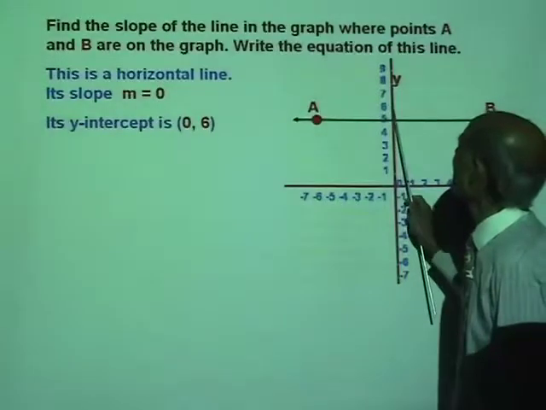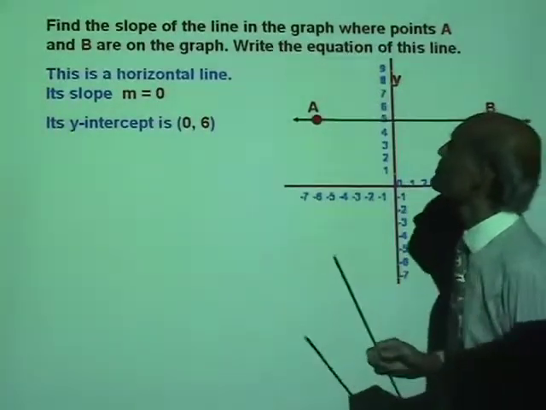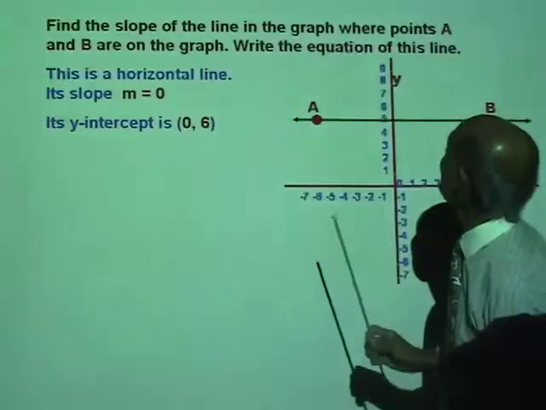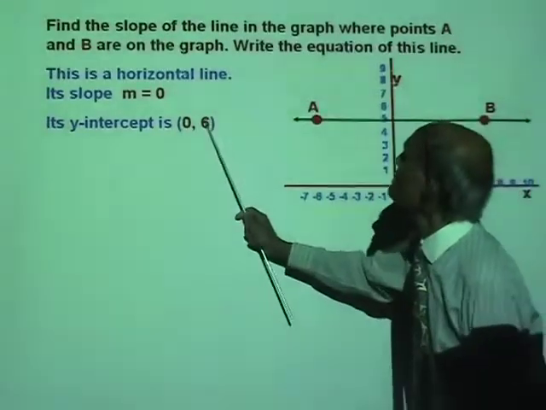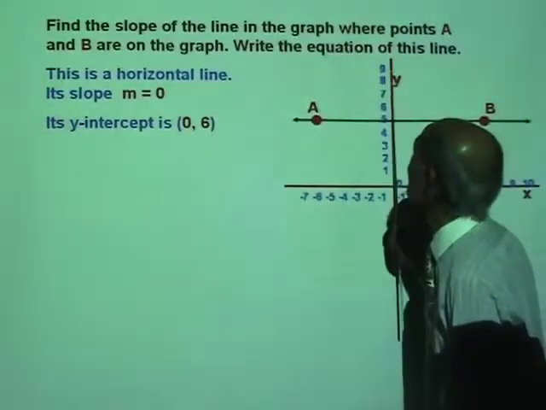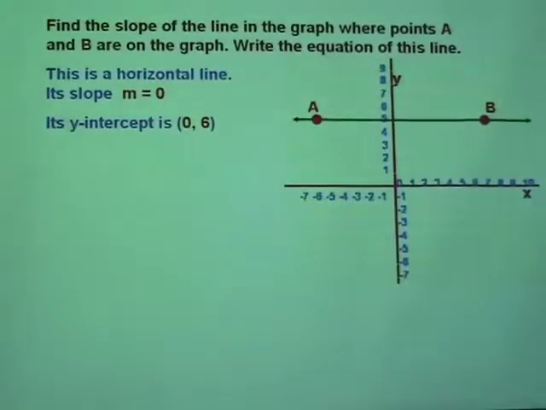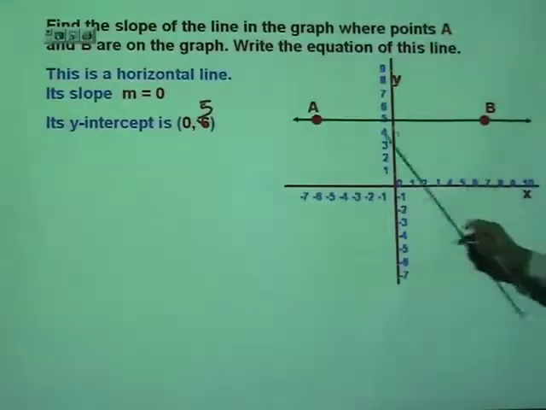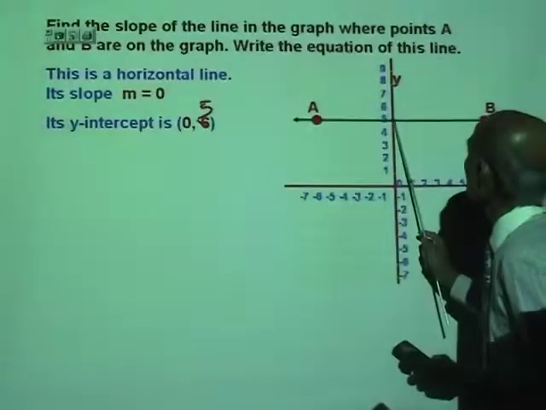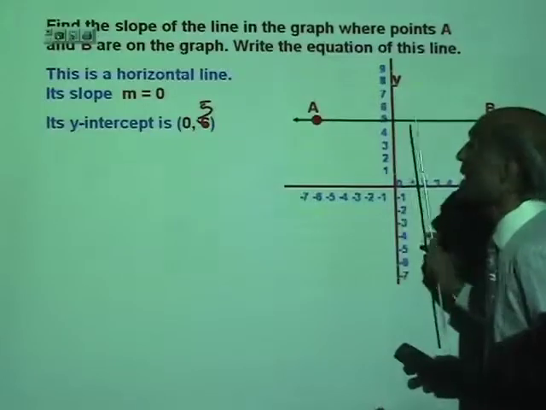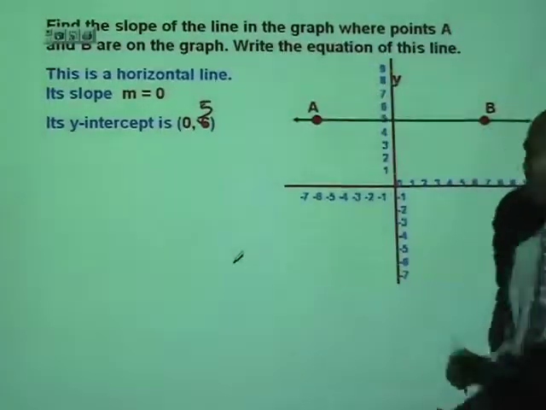I have actually drawn the line at y equal to, this is actually 0, 5, not 0, 6. Is that right? Yes, let me correct that. It is 0, 5, not 0, 6, because this is a horizontal line that cuts the y-axis at y equal to 5.